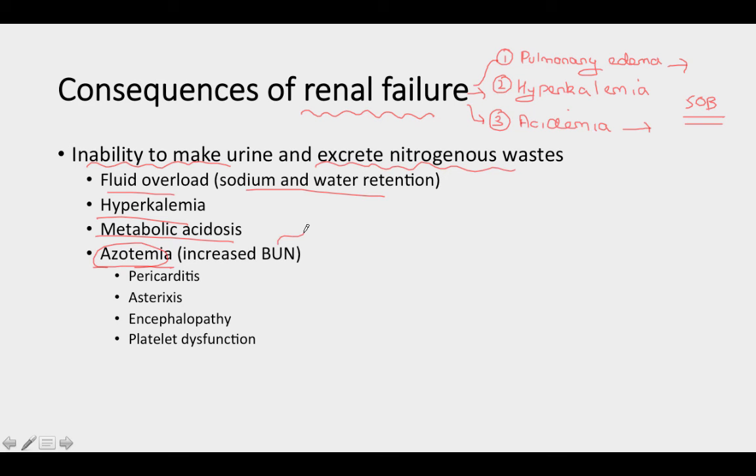It's essentially because of an inability to excrete nitrogenous waste, so blood urea nitrogen. And that has its own effects. It can lead to pericarditis, it can lead to asterixis, which is more of a clinical sign, not a problem, encephalopathy, and platelet dysfunction.